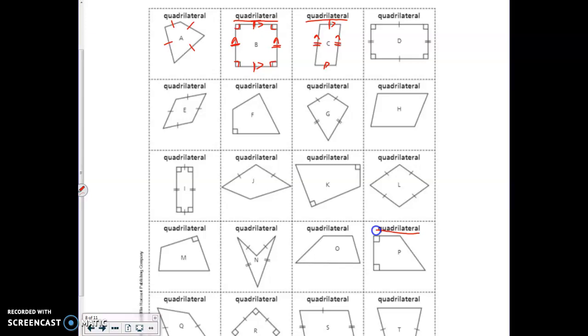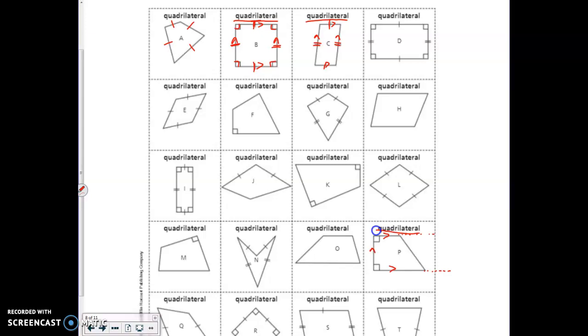Okay, so now we need to identify those parallel lines. Are there any? If there are, is there only one, or are there two sets of parallel lines? Well, I can look at this side right here, and this side does look parallel to this side. And again, if I extend these lines out, they do not appear to be getting closer. Those two appear to be parallel. So at the very least, we should have a trapezoid.